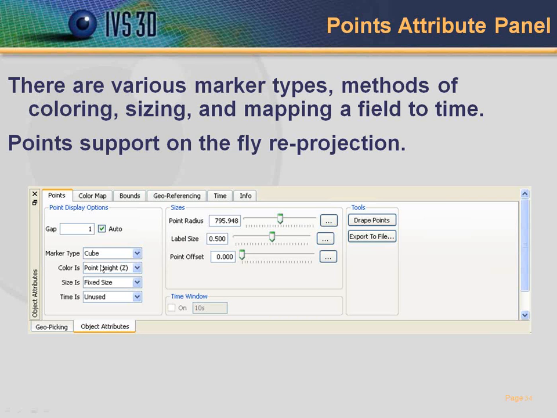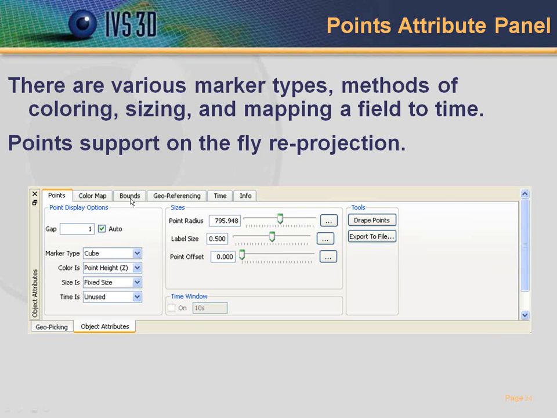Same with the individual size of the marker for each point, so you can make the points vary based on, say, a concentration of methane gas in a series of points. You could make the ones with more gas appear bigger.